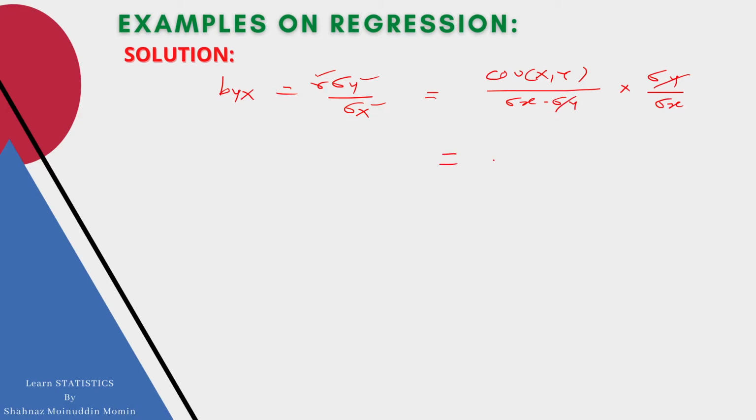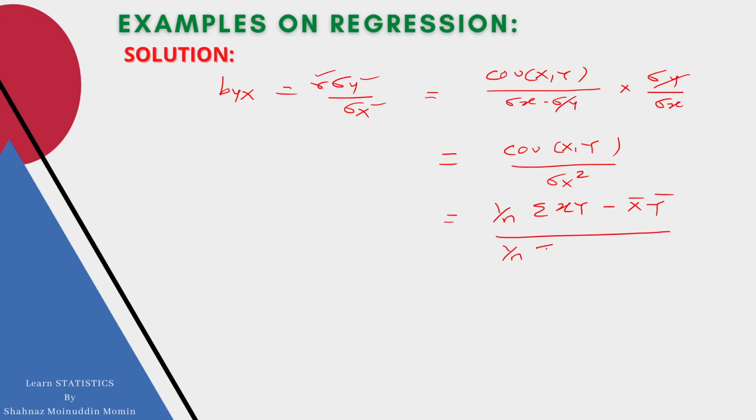So it is covariance between x and y divided by sigma x square, which is equal to 1 upon n summation x into y minus x bar y bar divided by 1 by n summation x square minus x bar square.